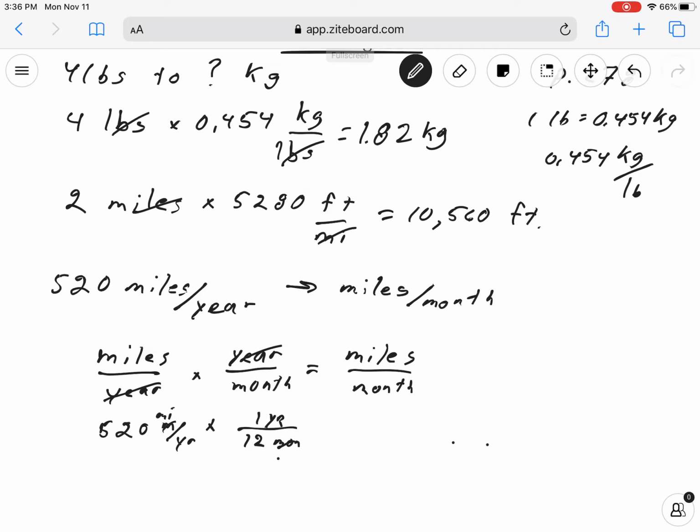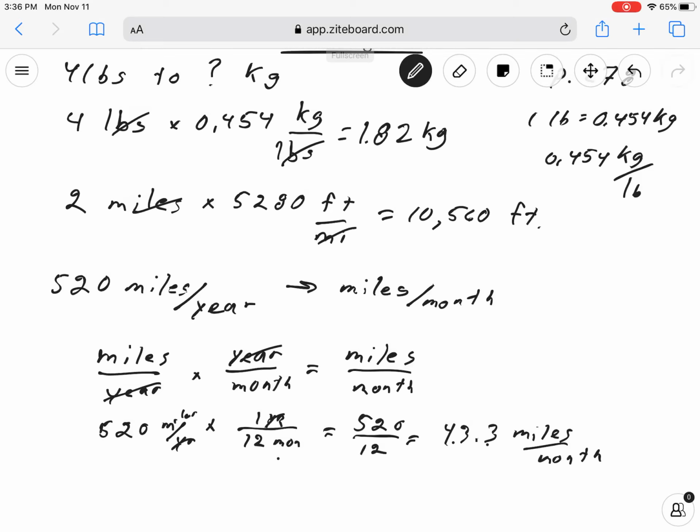This is miles, so they don't cancel. Let's back up a little bit. There, that's miles. The years will cancel. So that is 520 divided by 12, and that is actually going to be then 43.3 miles per month.